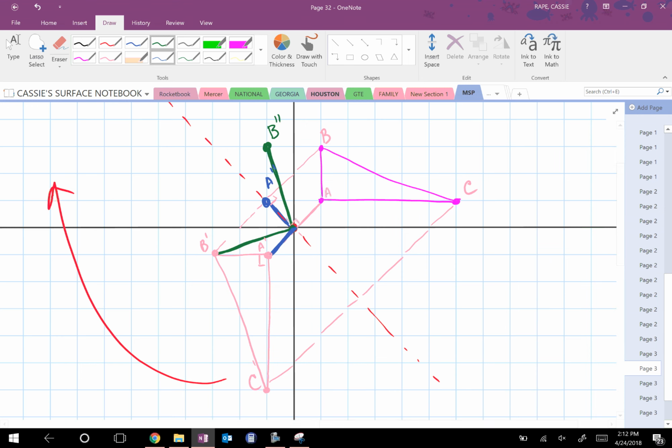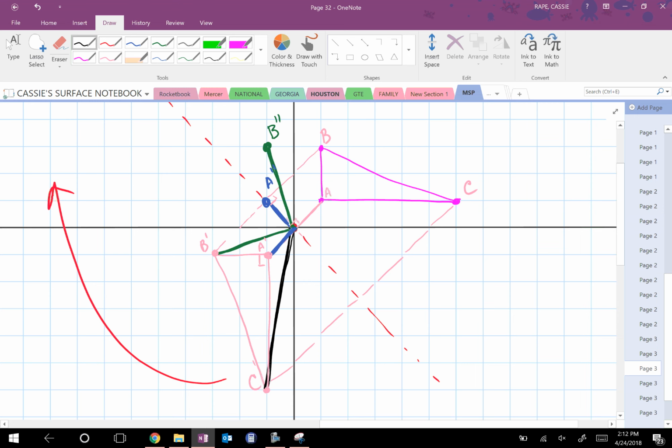And then C, okay, with the origin, this is the angle. And you'll notice that I crossed a single diagonal across 1, 2, 3, 4, 5, 6 different blocks. And so I'm going to do the same thing. 1, 2, 3, 4, 5, 6 is right there.